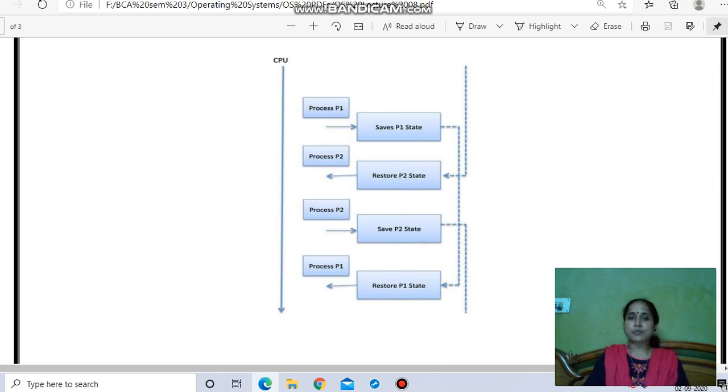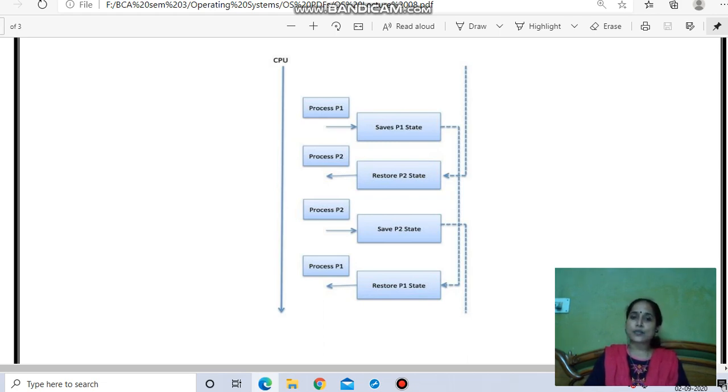This is a diagram. For example, there is a process 1 which is executing. For a moment, process 1 is preempted and process 2 comes into execution. Process 2 restores its state from the previous state where it left off. After executing for a certain amount of time, the current state of process 2 is saved for later use, and process 1 is allocated the CPU time.